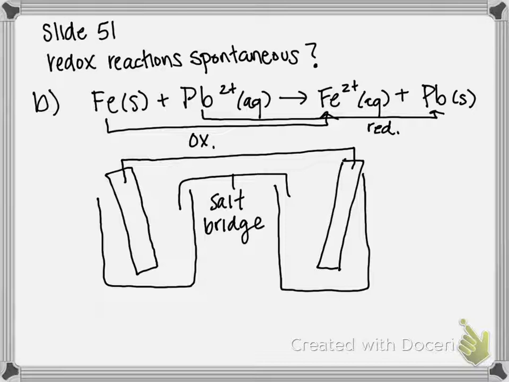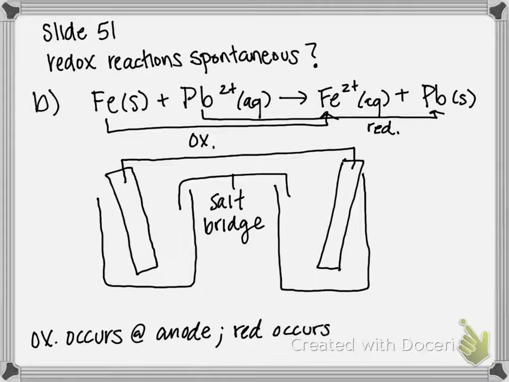And in case you are not familiar, oxidation occurs at the anode and reduction occurs at the cathode. And a mnemonic to help you remember that: red cat. Reduction, cathode. Oxidation, anode.